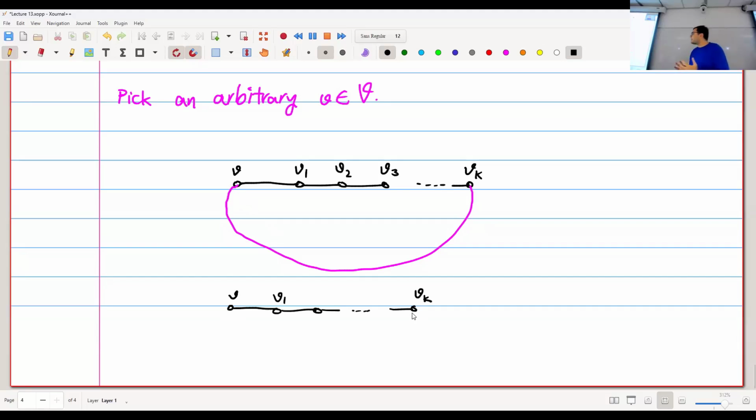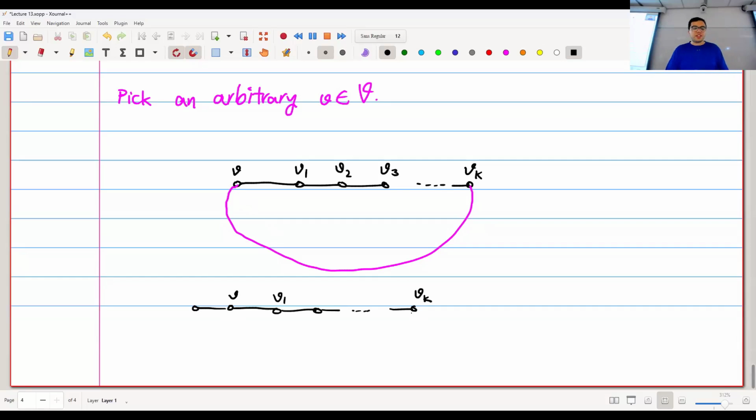But I cannot necessarily say that this is the entirety of my connected component. So what I'm going to do is walk in the opposite direction. I'm at VK, this is a dead end. Let's go back to V, and let's see if we can extend it from this side.